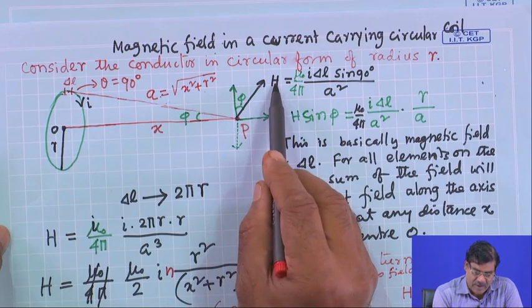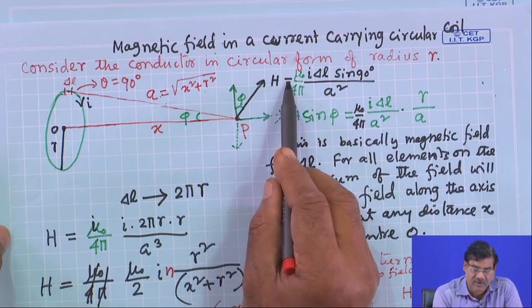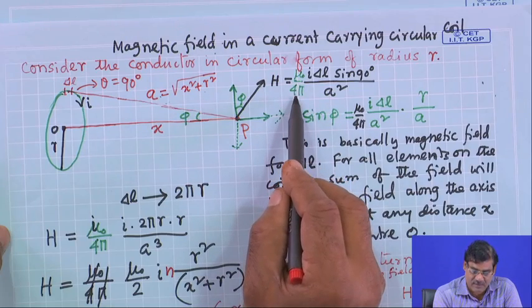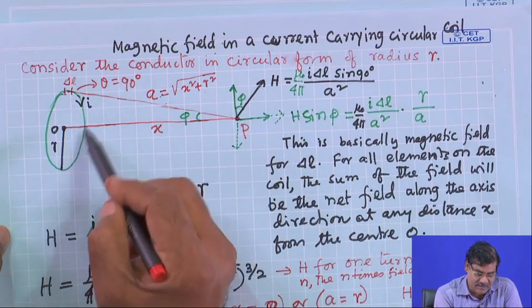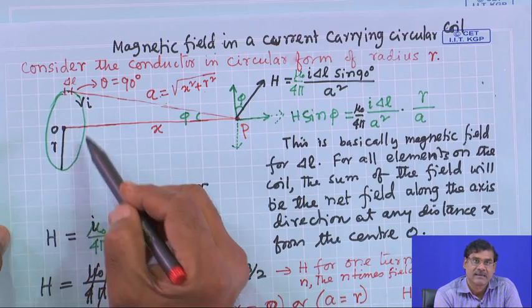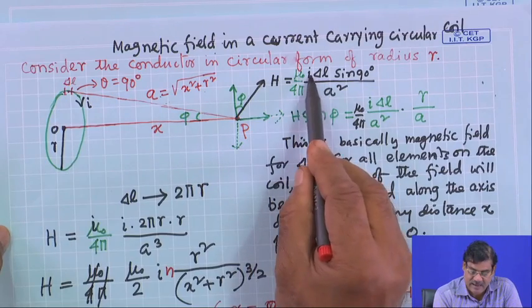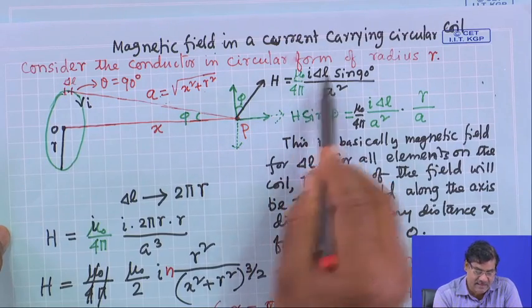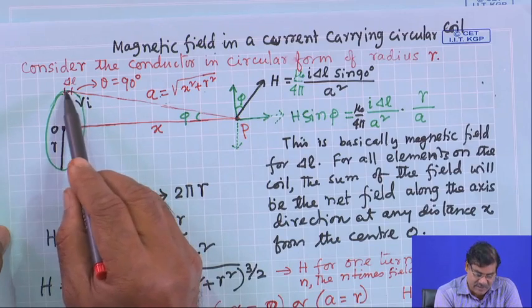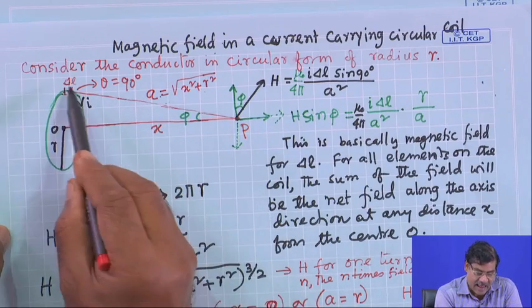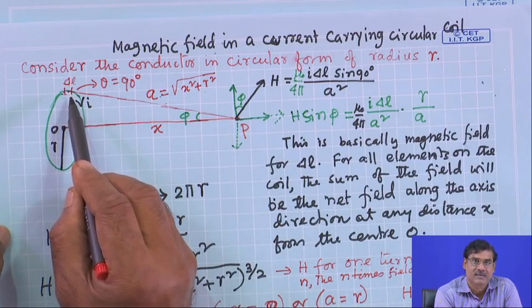So, your magnetic field at this point will be mu 0 by 4 pi, that is the proportionality constant, I, the current flowing, I dl, and the angle between this A and the current carrying element. So, this is basically 90 degree, right.